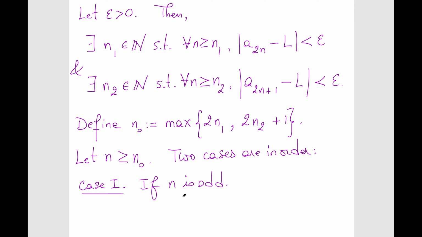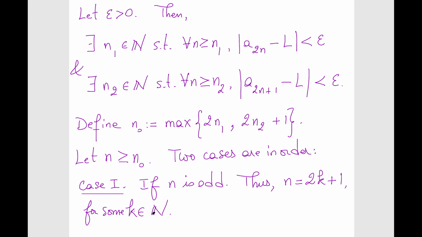If n is odd, this means we may write n as twice some natural number plus 1, right? I mean, an odd number is an even number plus 1, correct? Or minus 1. Let's take plus 1 just to keep it as before. For some natural number k.